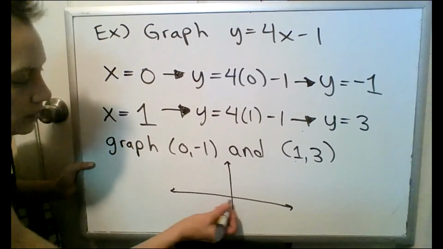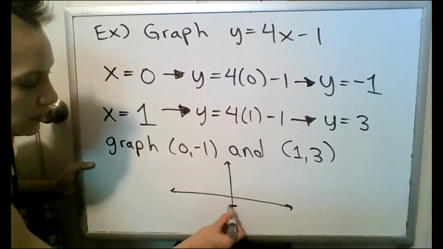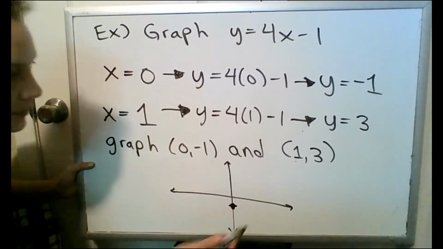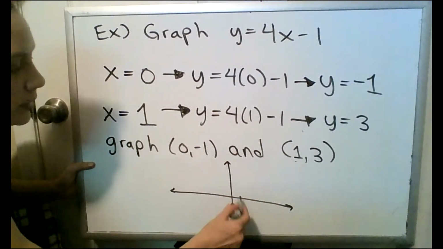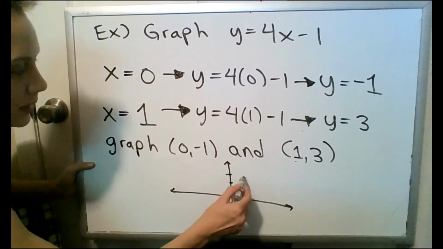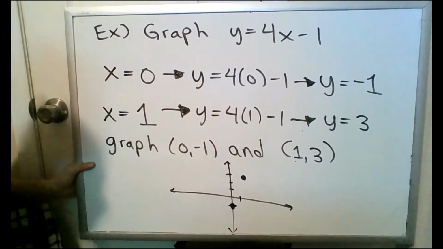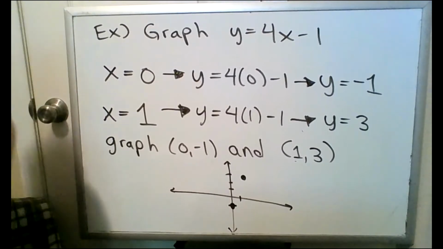Okay, so I go 0 for x and down 1 for y. And then 1 for x and up 3 for y. And then connect the dots with a line.